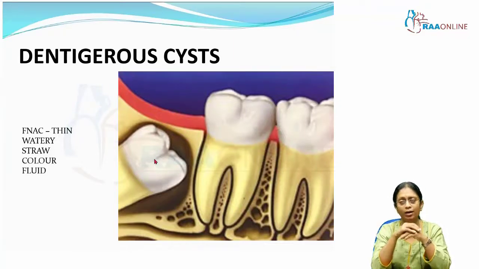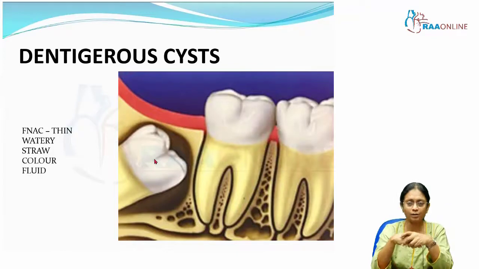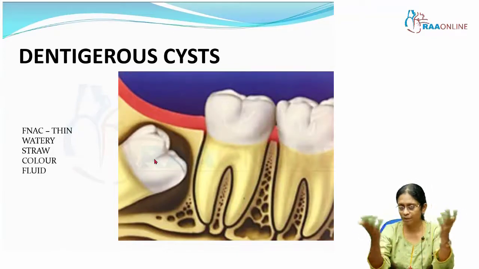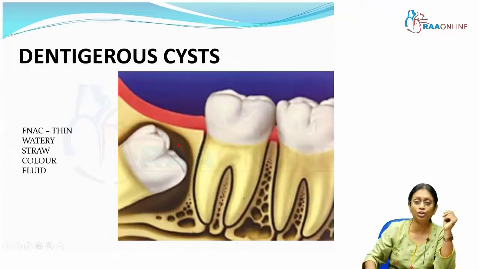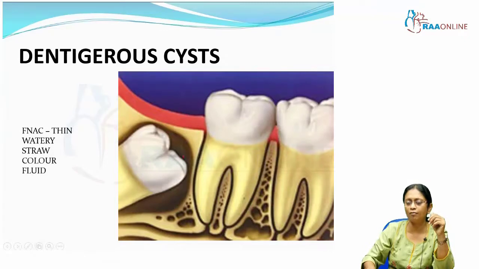But before that, I must investigate, so I take an X-ray. When I take an OPG, I see a huge cystic lesion here. This is just a representation of how a dentigerous cyst will look, okay?